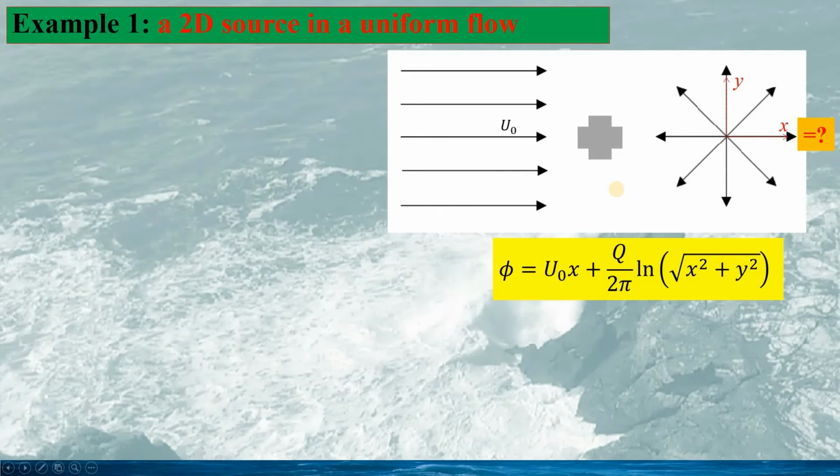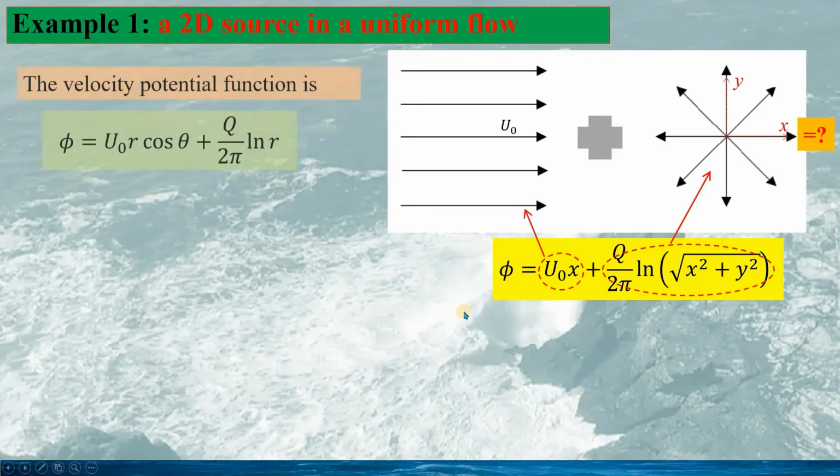Based on the superposition principle, the potential function for the combination of the uniform flow and the source can be given as phi, given as this. Here, u0x is the potential function for the uniform flow, and this part is the potential function for the source. Here, q is the strength of the source.